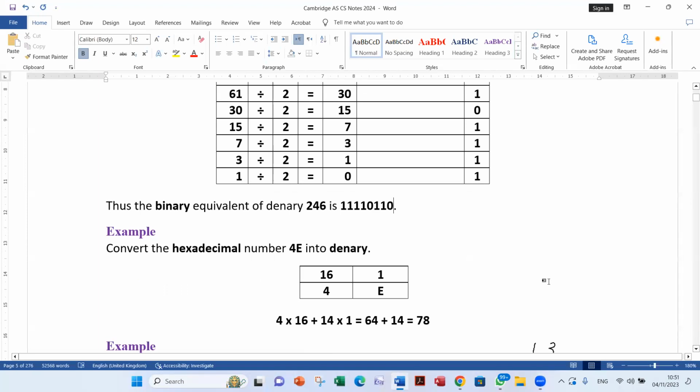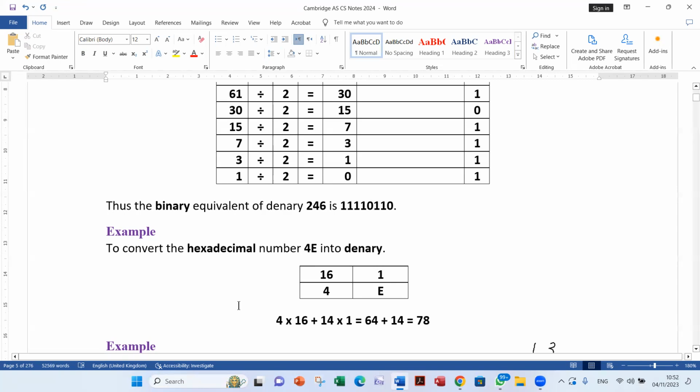So to convert the hexadecimal number 4e to denary, we put the weights. Weights are 1 and 16 because this is hexadecimal. And the values are 4 and e. Remember that e is 14.